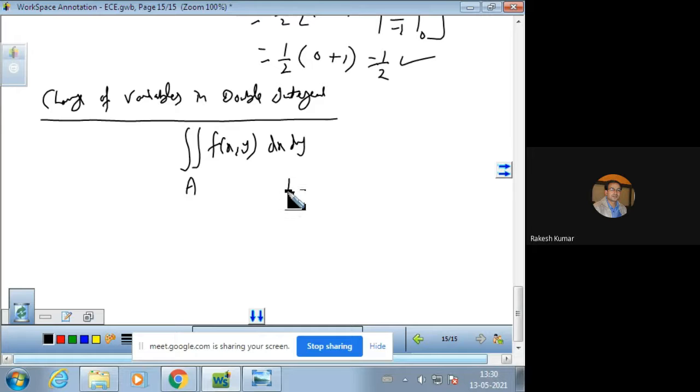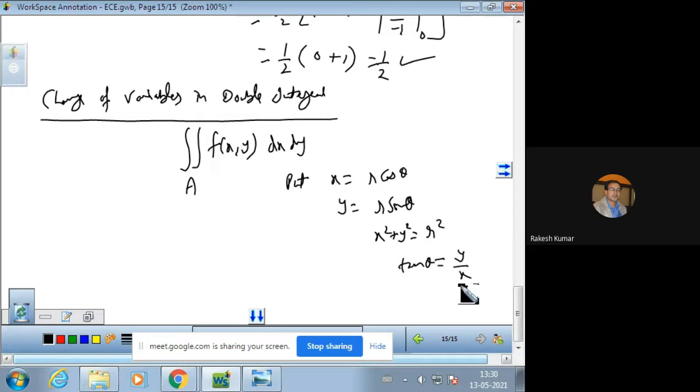And for the substitution, you have to put x is equal to r cos theta, y is equal to r sin theta, and x square plus y square will be equal to r square, and tangent theta is equal to y by x, and theta comes out to be tangent inverse y by x. These are standard terms. This is the standard substitution for converting Cartesian coordinates x y into polar form.